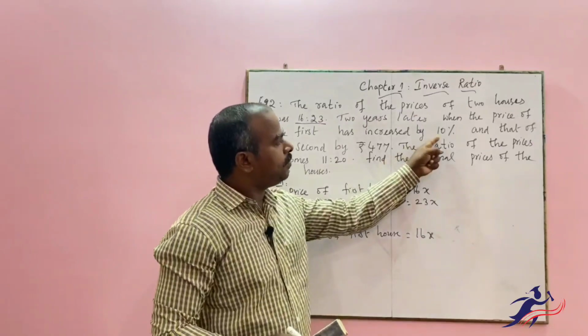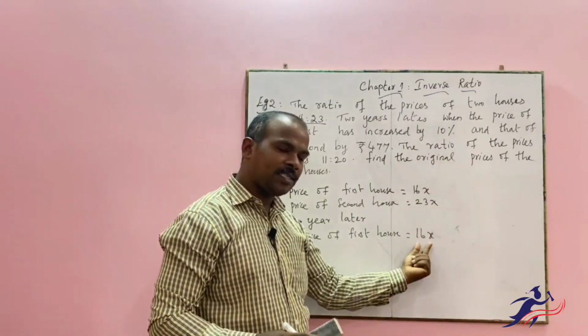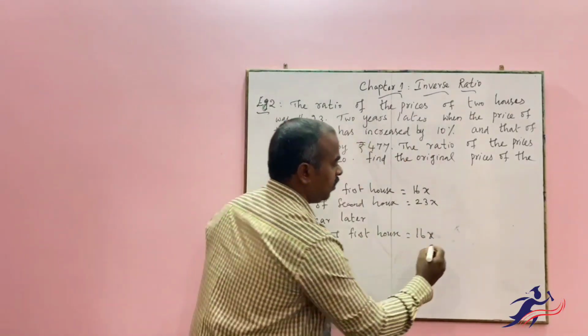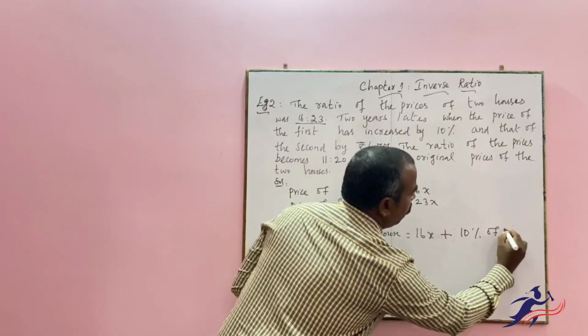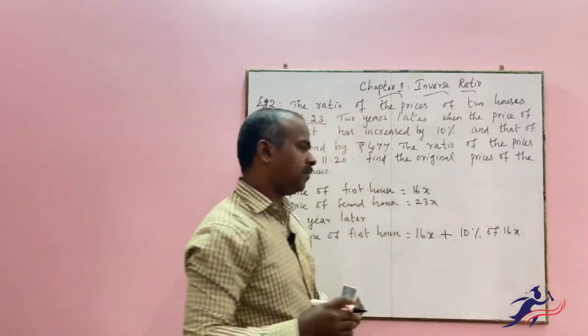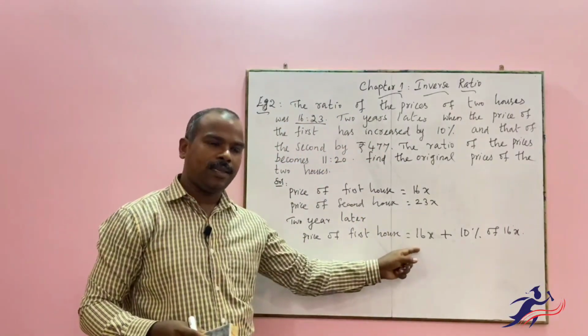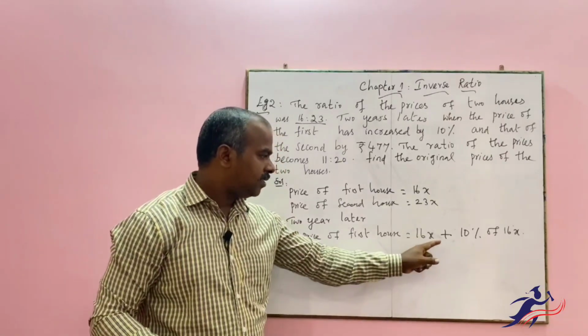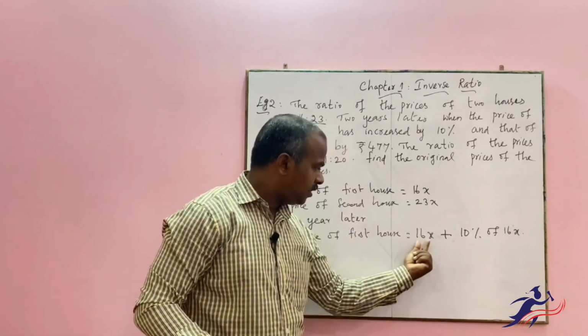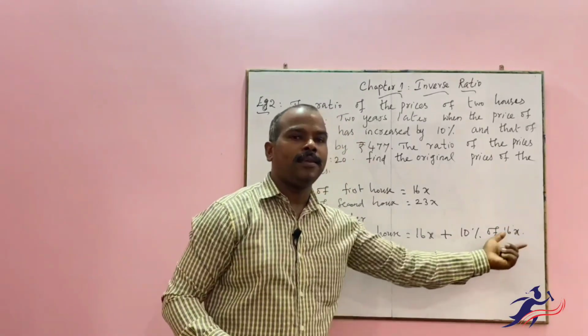Now it is increased by 10%, that is 10% of 16x is added. Therefore, plus 10% of 16x. I hope you understood this line. Price of the first house is equal to 16x plus 10% of 16x.